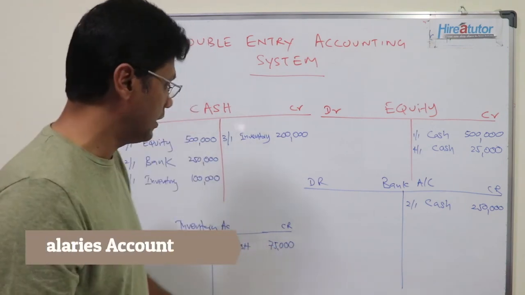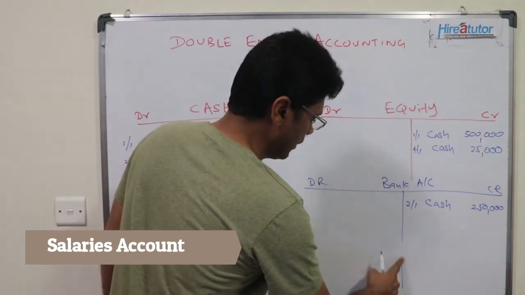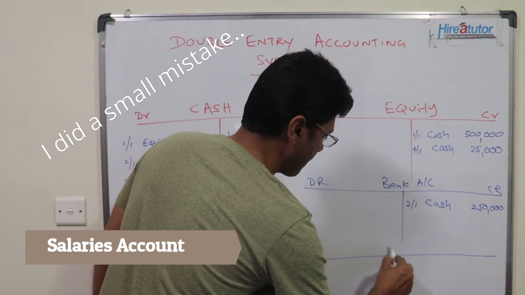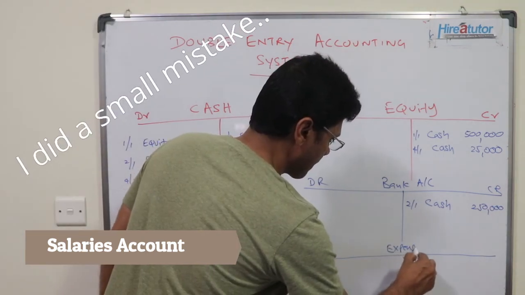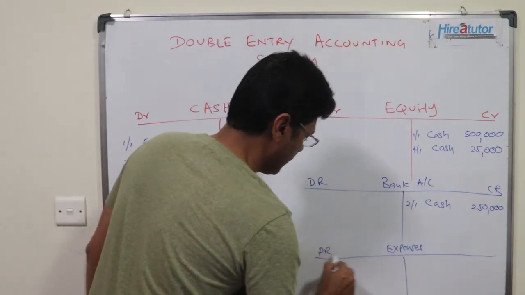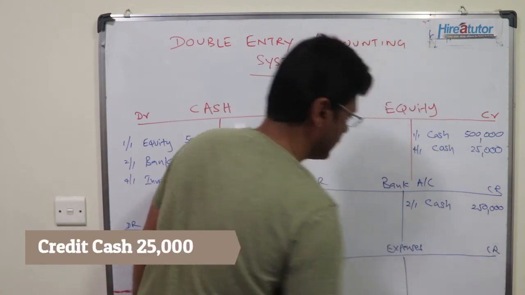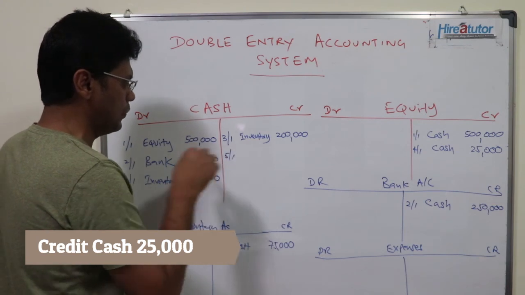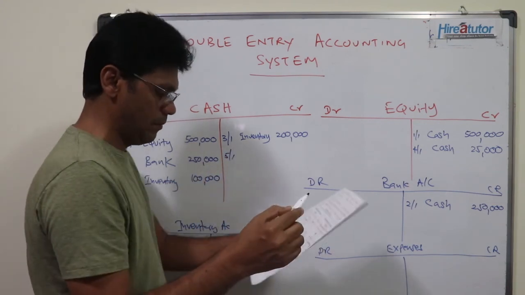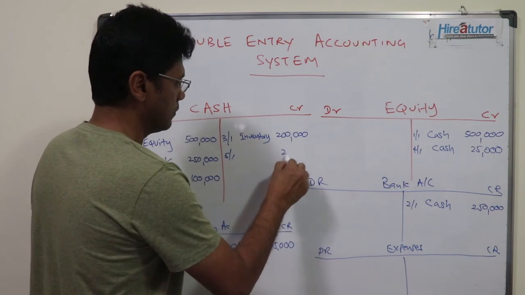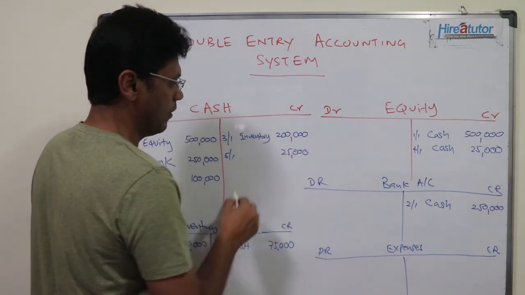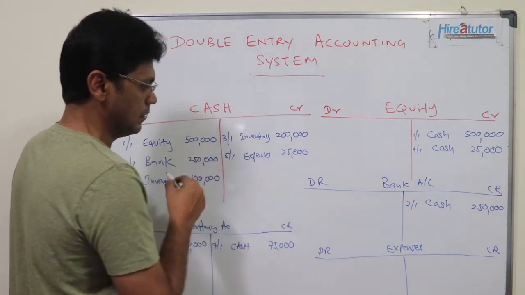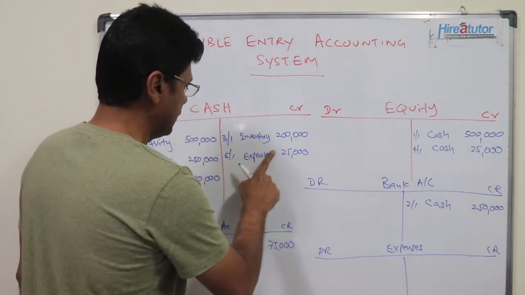So you need another account. I'll just open it here. Expenses, debit, credit. First and foremost, you need to reduce your cash by how much? 25,000. Expenses 25,000. You need to name the expense account.